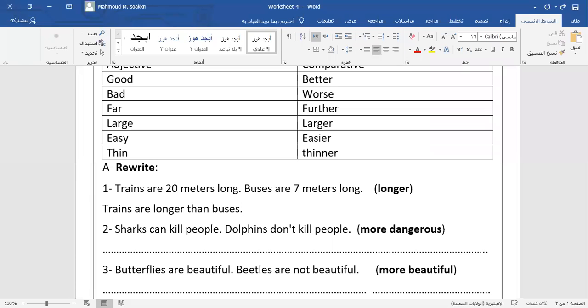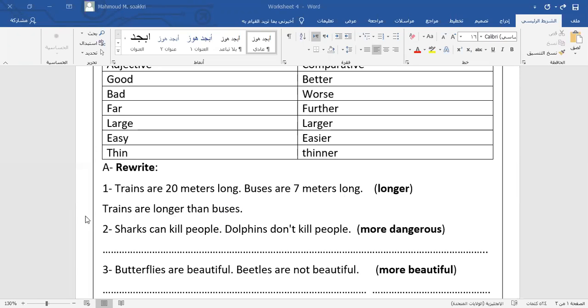Yasin, which is part 1? Trains. Is it plural or singular word? Plural. Okay. And what is the adjective? Longer. Okay. And what is the part 2? Buses. Yasin, should we repeat are 7 meters long in our sentence?